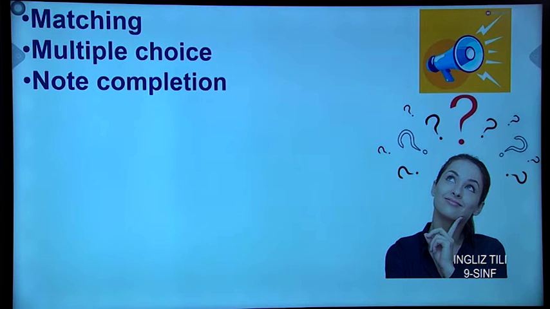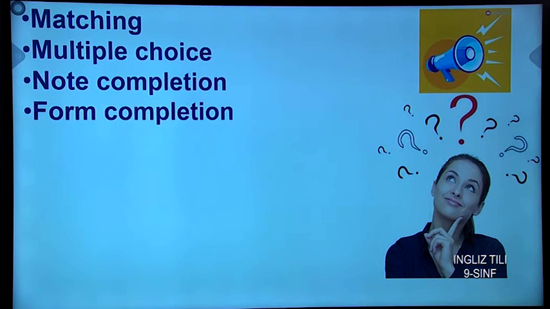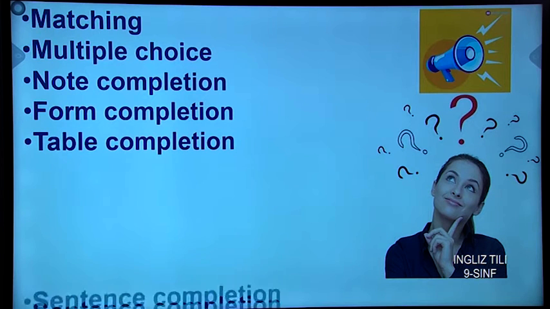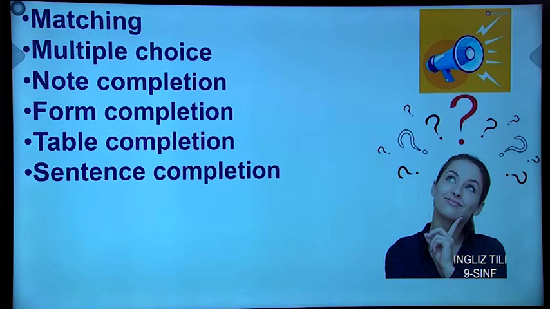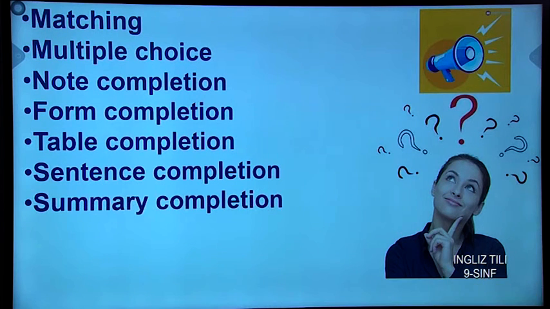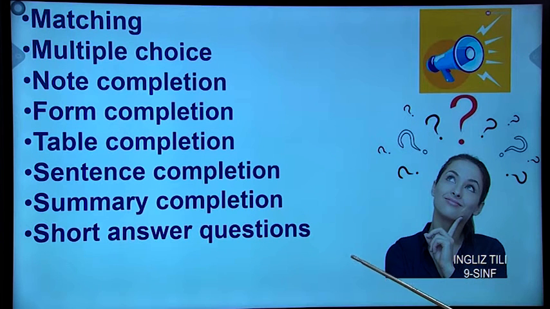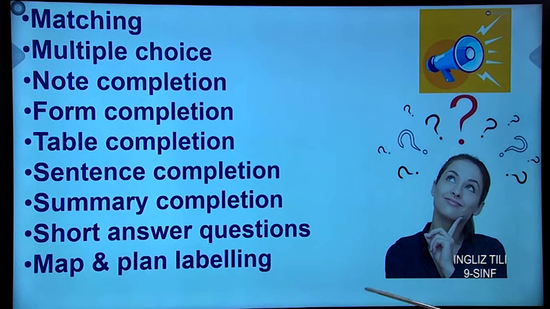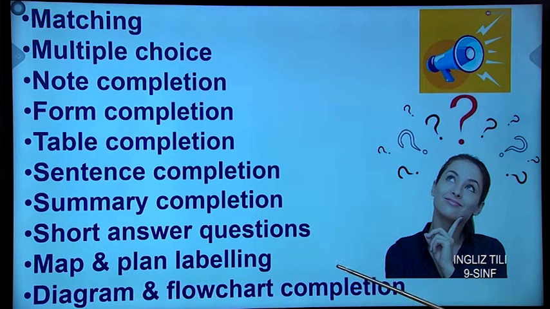Note completion, form completion, table completion, sentence completion, and summary completion, short answer questions, and next one, map and plan labeling. So the last one, diagram and flowchart completion. Okay, did you copy out these strategies? Question.